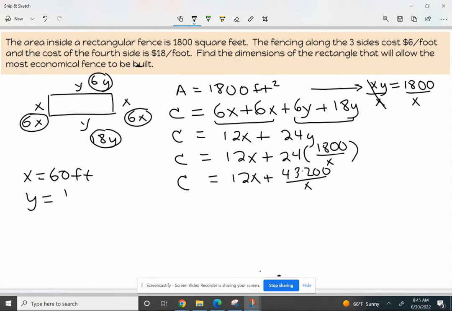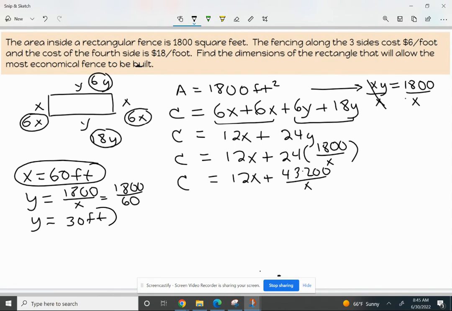So y is 1800 over x, or 1800 over 60. Okay, so y has to be 30 feet. These are the dimensions that will give you the cheapest cost. 30 feet and 60 feet.